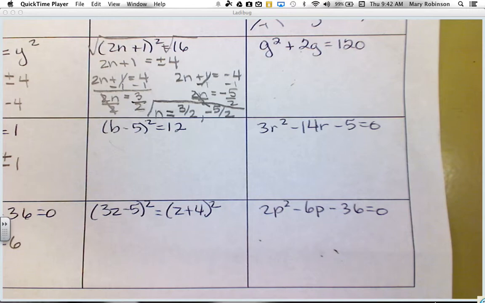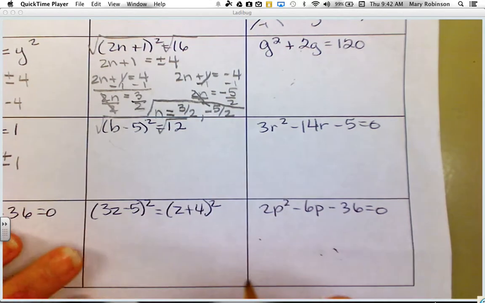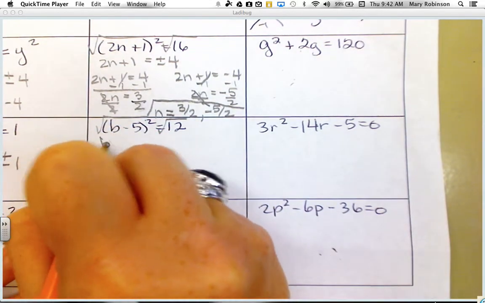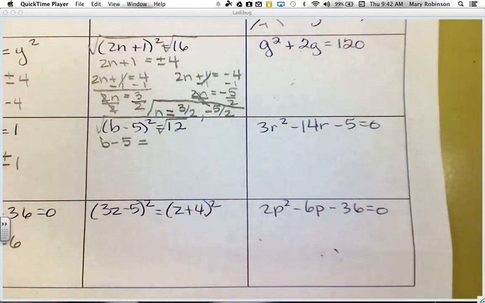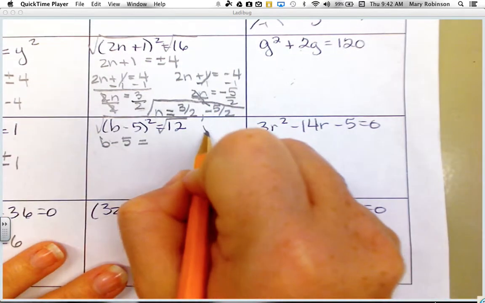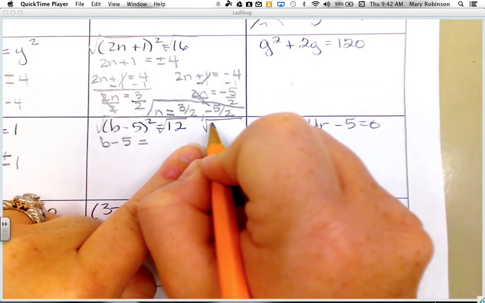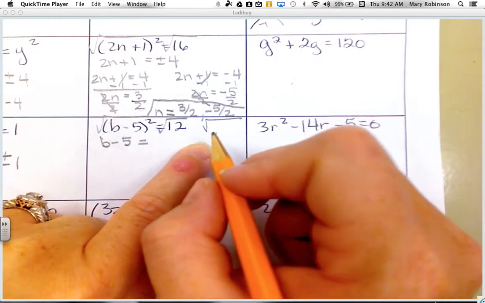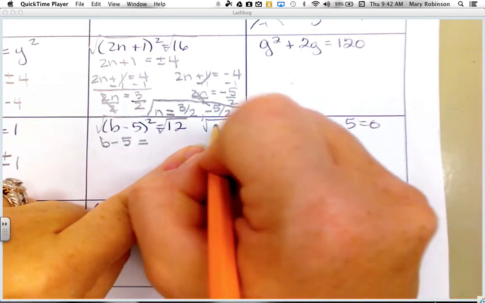So how do you think we're going to solve this next one? Yep. Take the square root of both sides. Well, that means we can break it down, right? So I want you to think, what factors make up 12? 6 and 2, but can we create a set where a factor is a perfect square? 3 and 4, right?